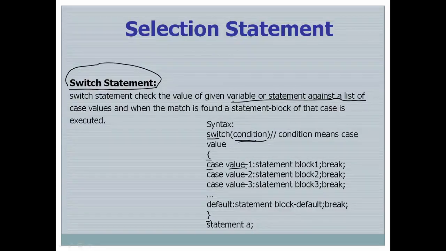We have case, which is a keyword, then one space, and then the value, which may be an integer, float, character, or even a string value. The conditional expression is evaluated and its result is compared against each case value. It is first compared with value 1.